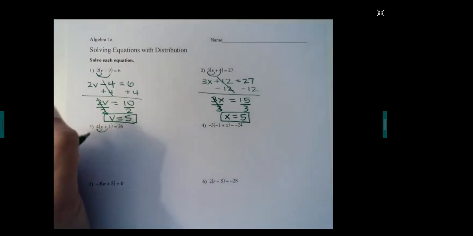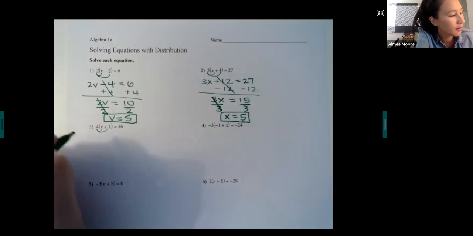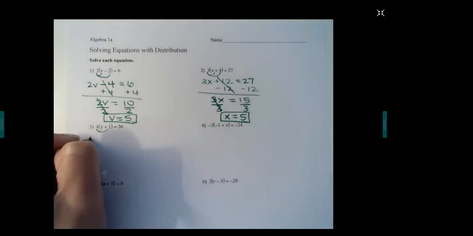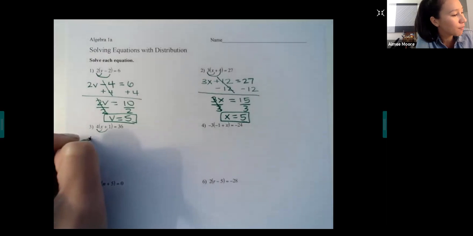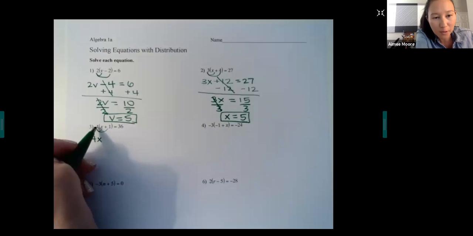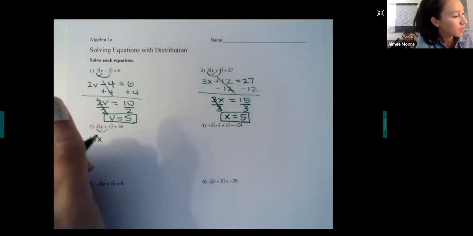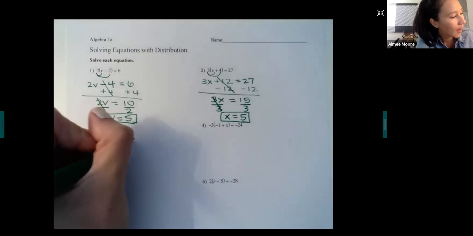I have to multiply 4 times x, right? So what's 4 times x? 4x. Yep, so you get 4x. And then I'm going to multiply the 4 times the 1, which gives us what? 4. Good. And then that equals 36.